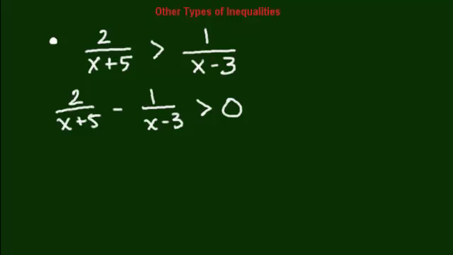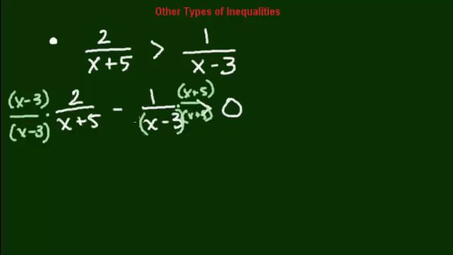I will multiply this first one by x minus 3 over x minus 3. The second one will be multiplied by x plus 5 over x plus 5 because they have nothing in common. And I'll put parentheses around this to show that I'm multiplying the entire quantity.